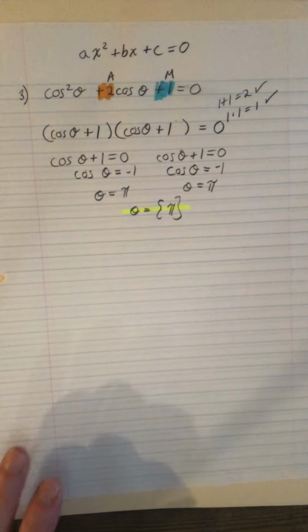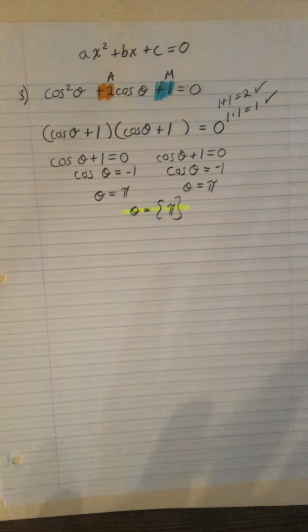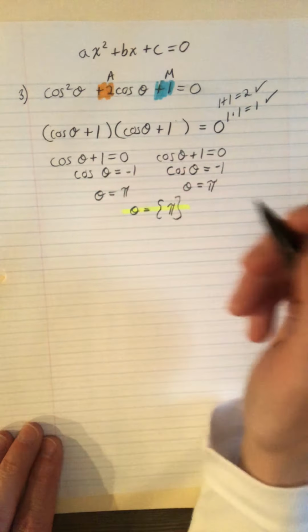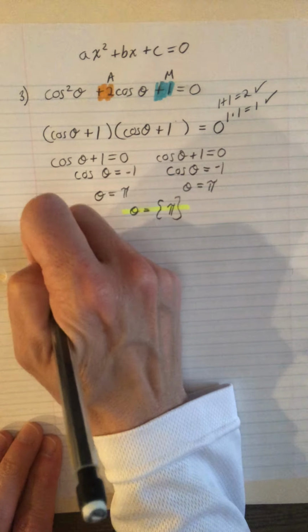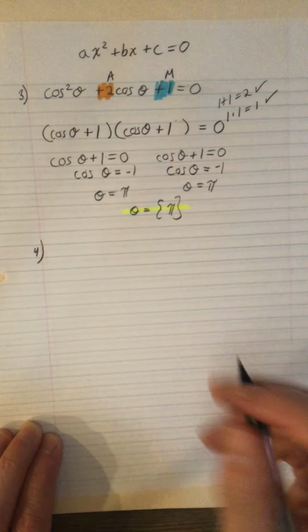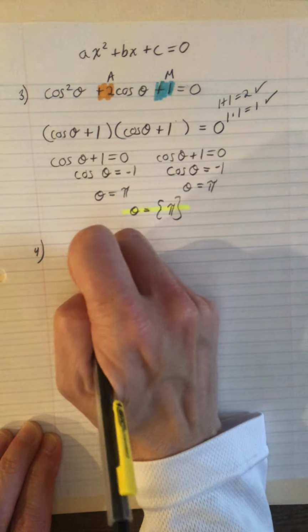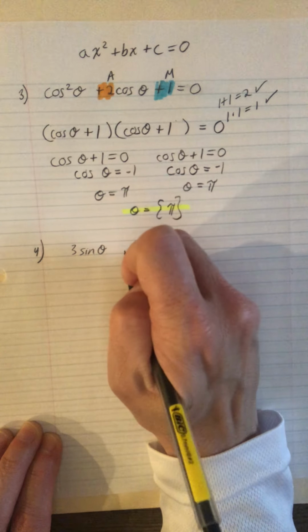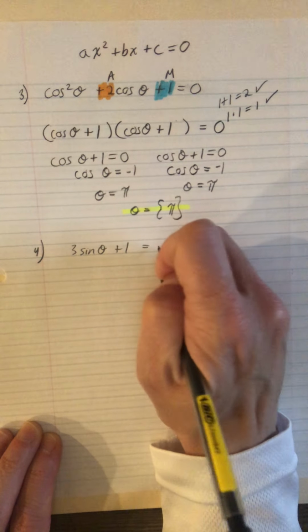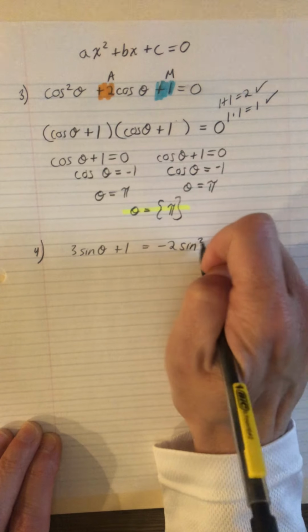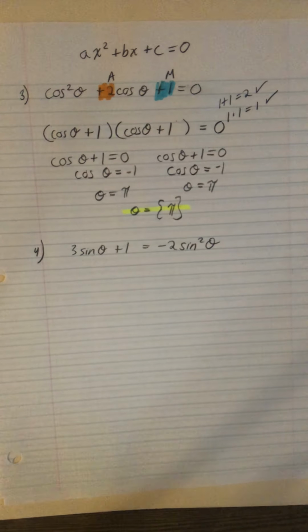All right, so now, in this case, I gave you everything on one side. You might encounter a problem that looks like this. You might have 3 sine theta plus 1 equals negative 2 sine squared theta. Now again, we know it's a quadratic because we see a sine squared.